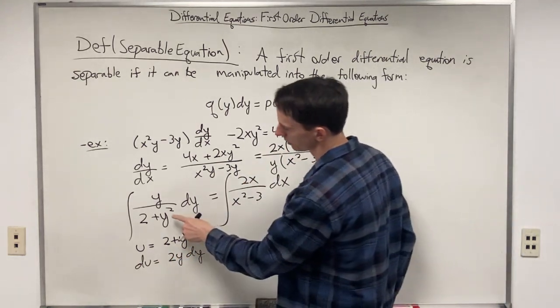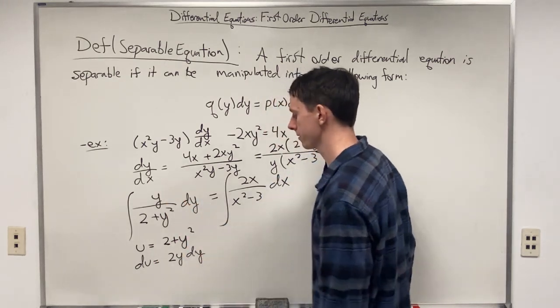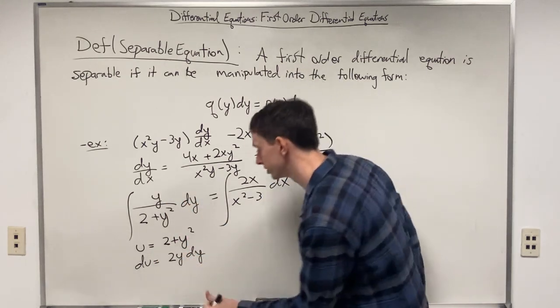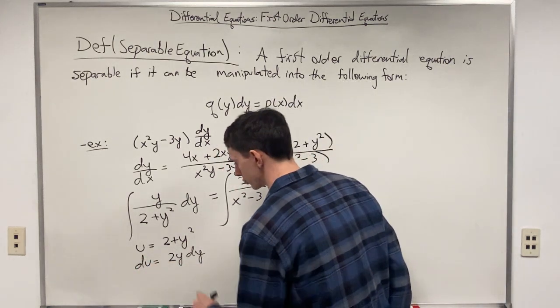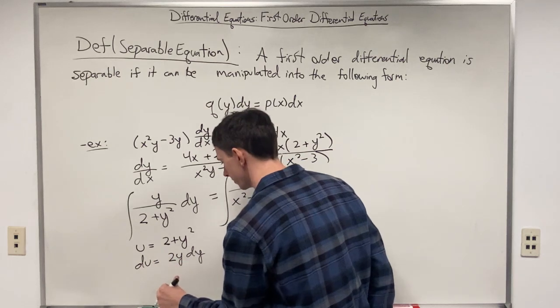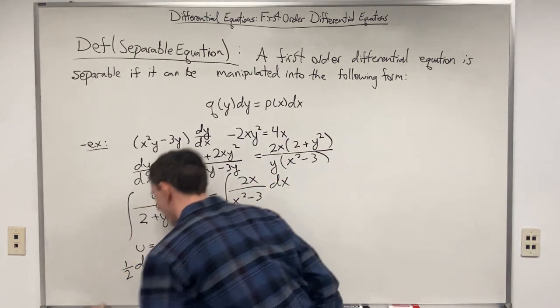So that takes care of the denominator, and then in the numerator we have y times dy. I can obtain y times dy by just dividing 2 over to the other side. So if 2y dy is just du, then half of that, or just y dy, is 1/2 du.